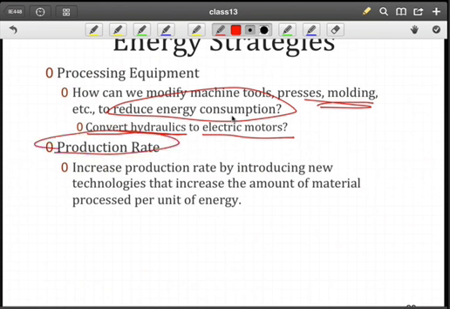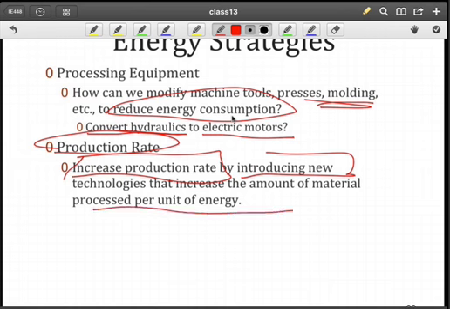The other criteria we might look at is the production rate, and with production rate we could increase the rate, again if you think of that in terms of the volume of material per unit time, by introducing those technologies that increase the rate of production in an efficient manner, as we saw in that graph.